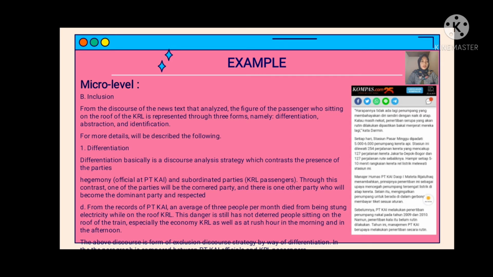The above discourse is a form of exclusion discourse strategy by way of differentiation, and the paragraph compares PT KAI officials and KRL passengers, right?